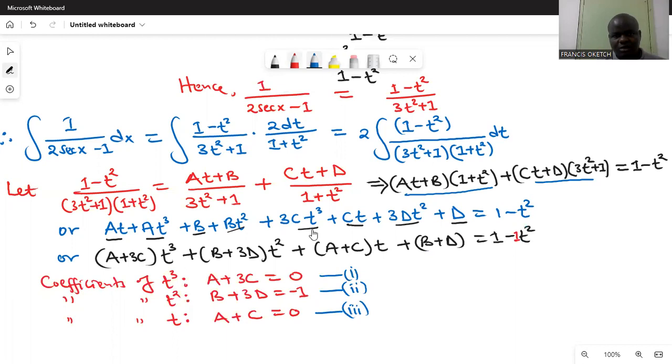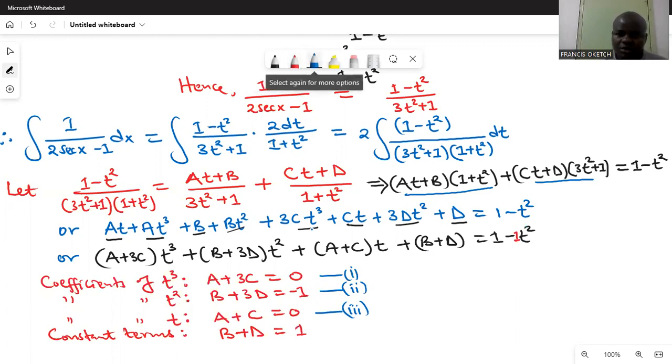And lastly, the constant terms, the coefficient of t raised to 0. Remember, anything raised to 0 is 1. Or I can just write constant terms. That is b plus d, which should give us 1, the constant on the right-hand side. So this is equation 4. We need to solve these four equations simultaneously.